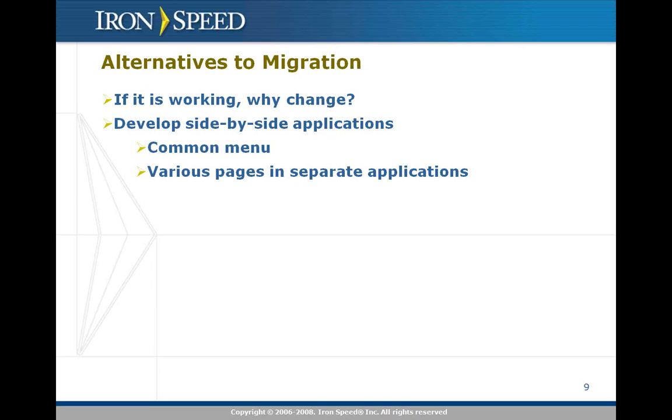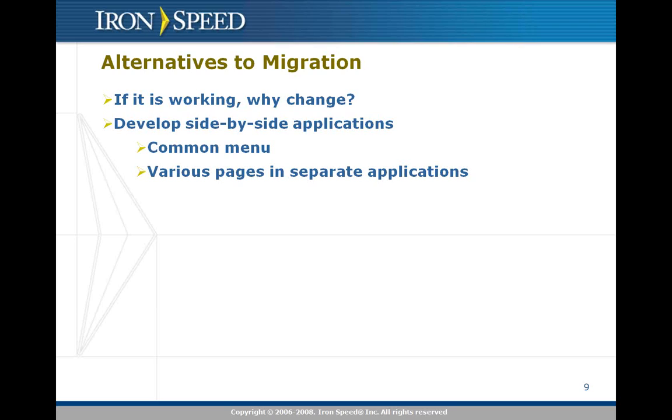So that's another way for you to have a gradual migration available to you rather than migrating the entire older application together. Again, this is in terms of full disclosure, just to make sure that you've got all of the alternatives available so that you don't have to jump into migration just for the sake of migration. But nevertheless, we do, of course, recommend that you migrate to the latest version.